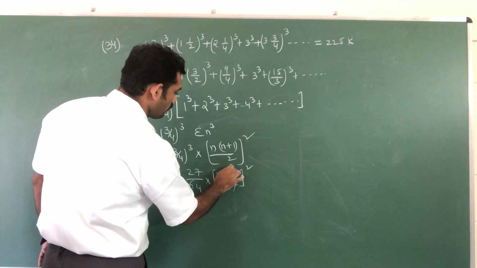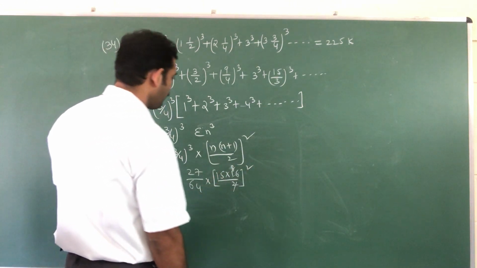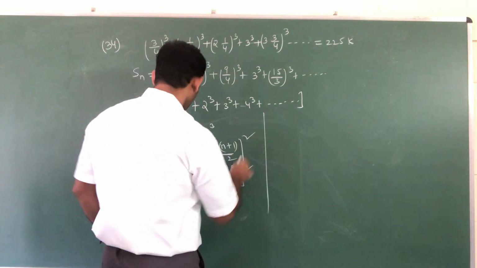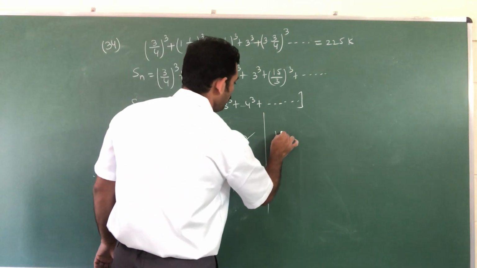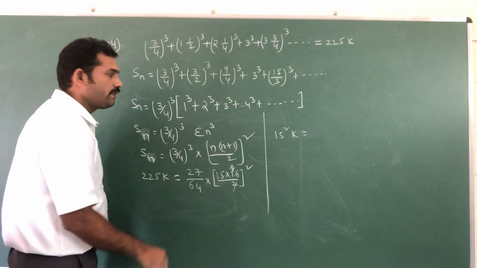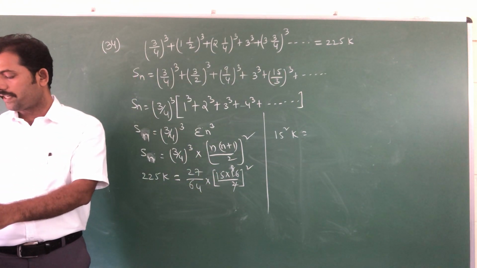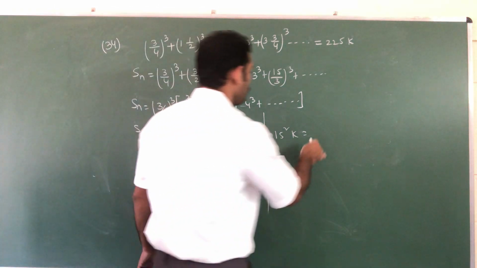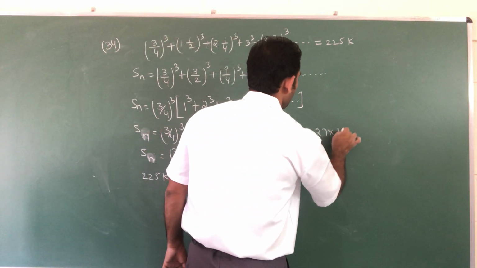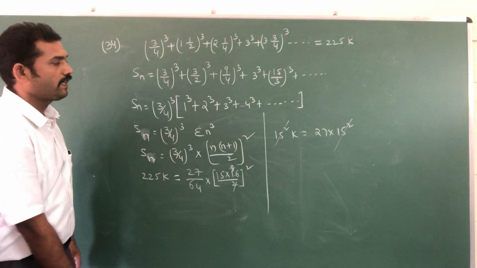Simplifying, 15 square into k is equal to this. Everything is simplified and what we get is 27 into 15 square remaining. Since 225 means 15 square, the 15 square is cancelled.